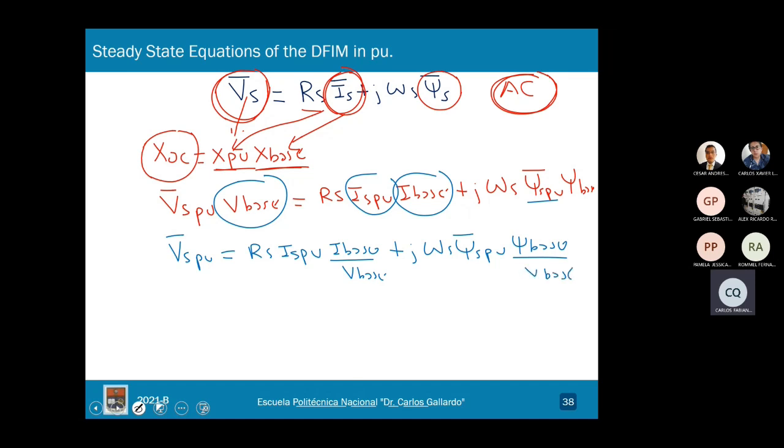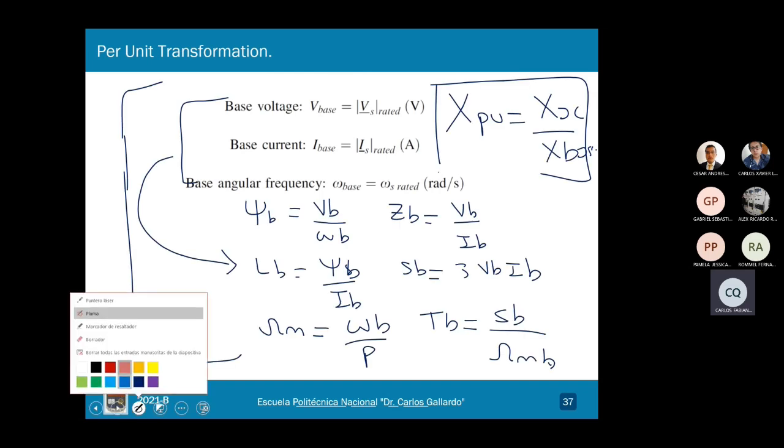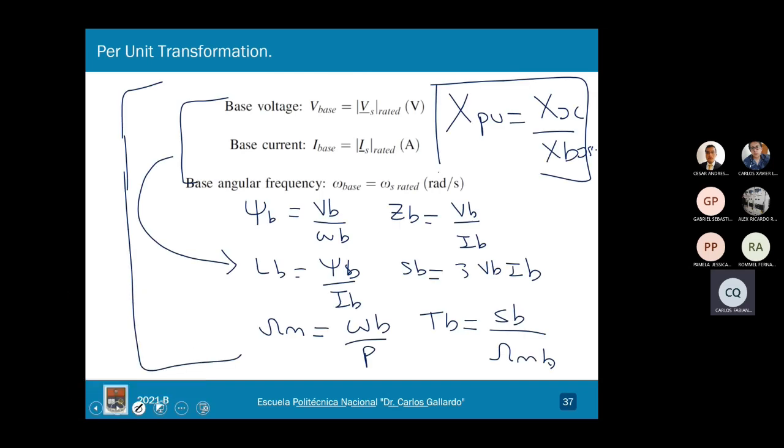So according to our per unit system, for instance, the flux base is equal to the voltage base over the angular frequency, right? So substituting, this is the flux.